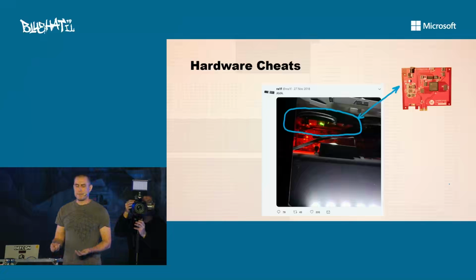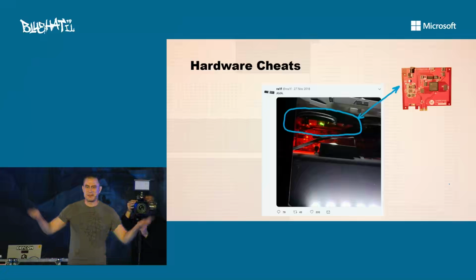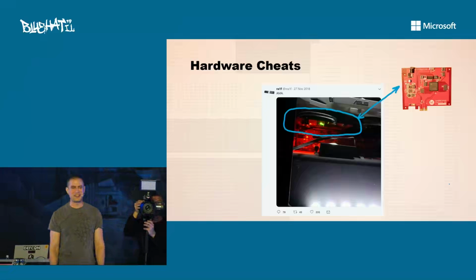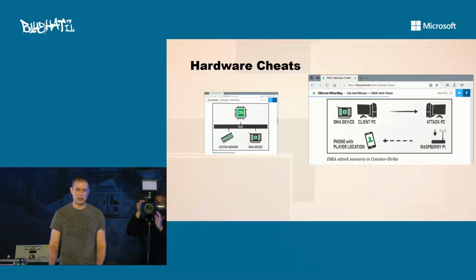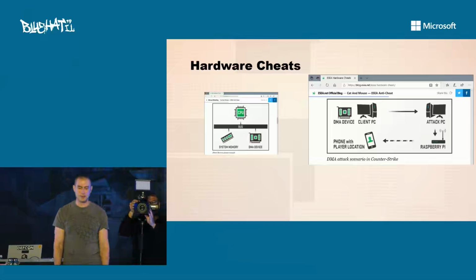Initially, anti-cheats didn't detect this at all, so it was touted as the next generation of cheating, the completely undetectable cheating and the future of cheating. And that was quite not the case. For example, it took a while, but eventually the anti-cheats caught up.